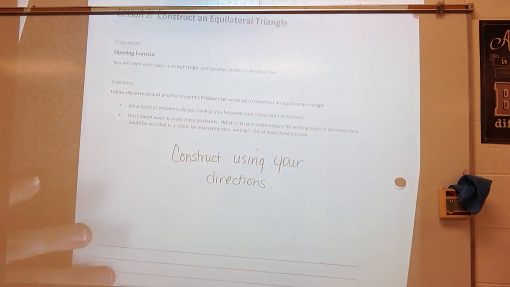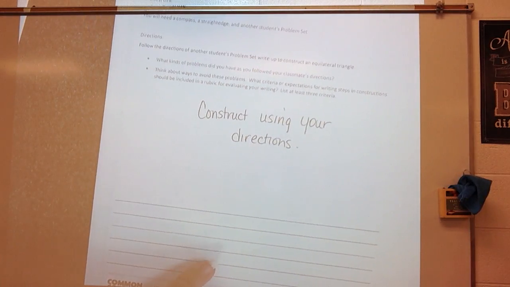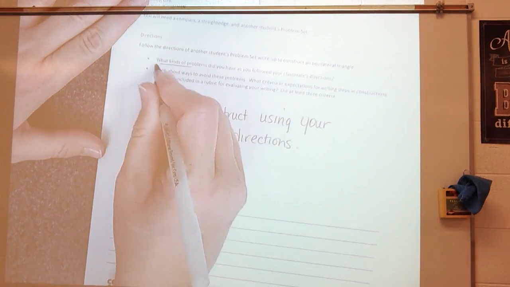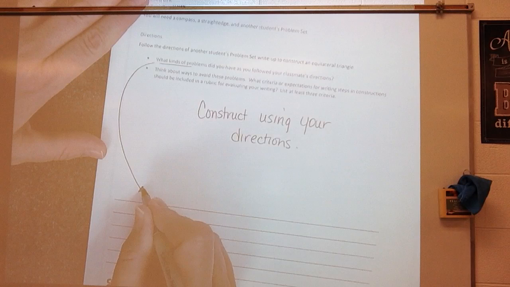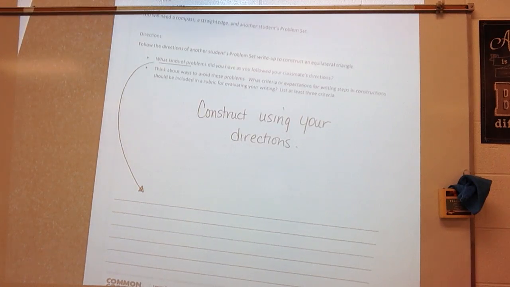Then I want you to come down here and tell me what problems you had. Answer that, and maybe change your directions. So at this point, you need to be pausing the video and constructing your own equilateral triangle based on your directions.